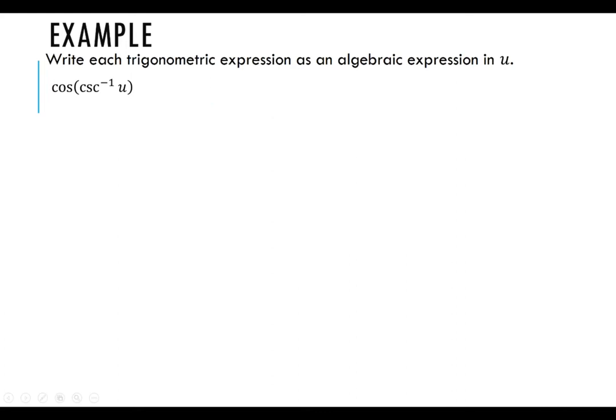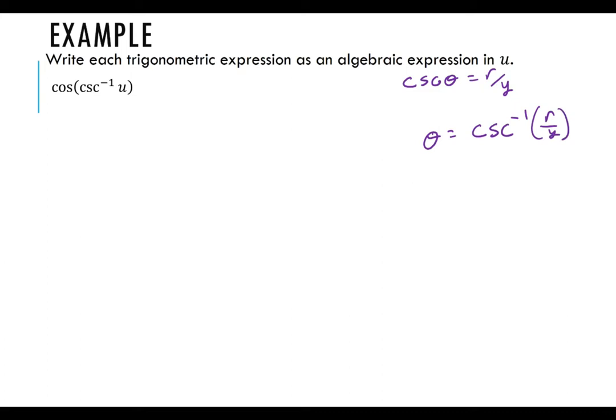So for this one, we want to find what is the cosine of the cosecant inverse of u. And so, of course, cosecant of theta is equal to r over y, which tells us that theta is equal to the cosecant inverse of r over y.